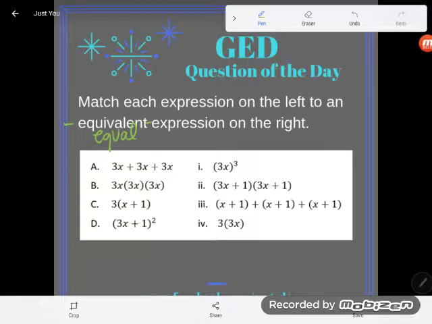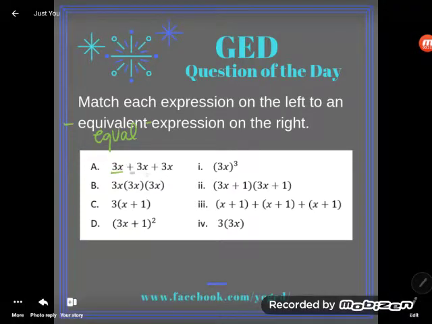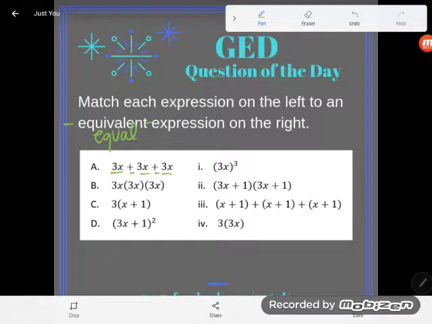A says 3x plus 3x plus 3x. Now, I know that that's kind of a complicated expression, but what I want you to realize is even though it's algebraic and a little scary for most students, I still have repeated addition.